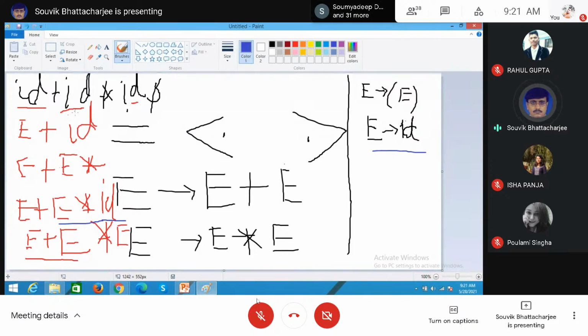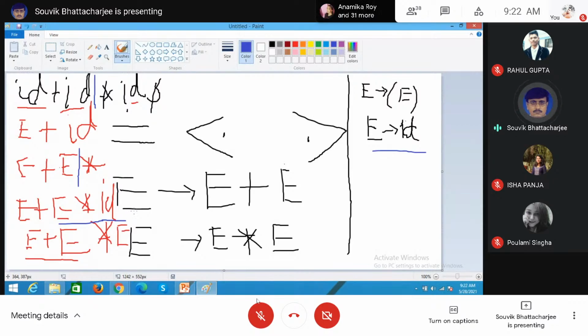In the next step, ID also has been shifted, and now ID becomes your handle, and ID may be reduced by E also. Now in the stack you are getting E plus E, and star has not yet come, which means up to this it has been parsed. Now either star will be shifted onto the stack or E plus E will be reduced by E.